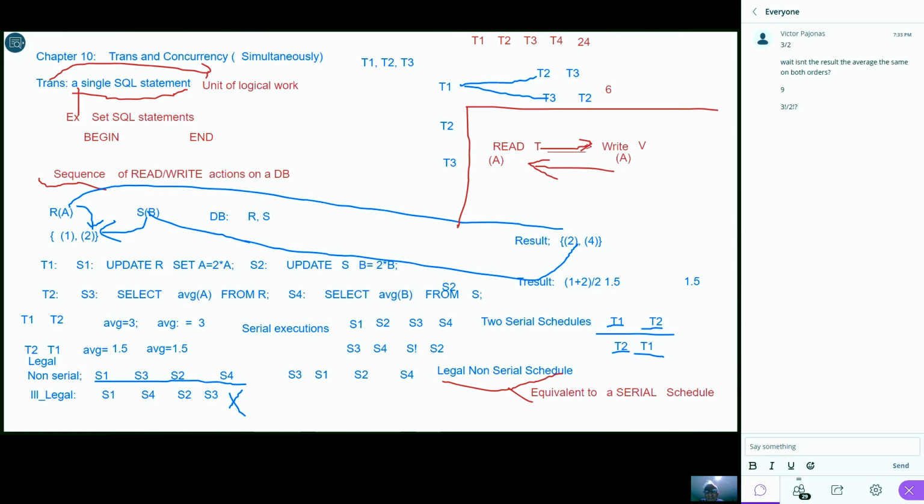Let's say this transaction T is writing A here, and then another transaction V is also writing A.